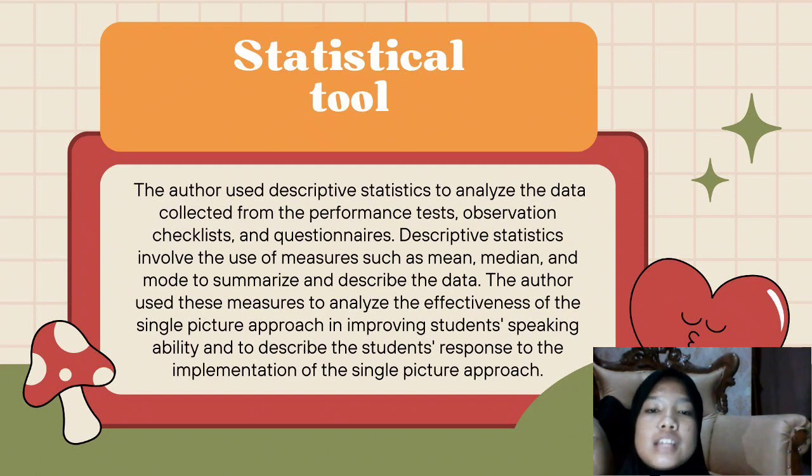Descriptive statistics involve the use of measures such as mean, median, and mode to summarize and describe the data. The author used these measures to analyze the effectiveness of the single picture approach in improving student speaking ability and to describe the student response to the implementation of the single picture approach.